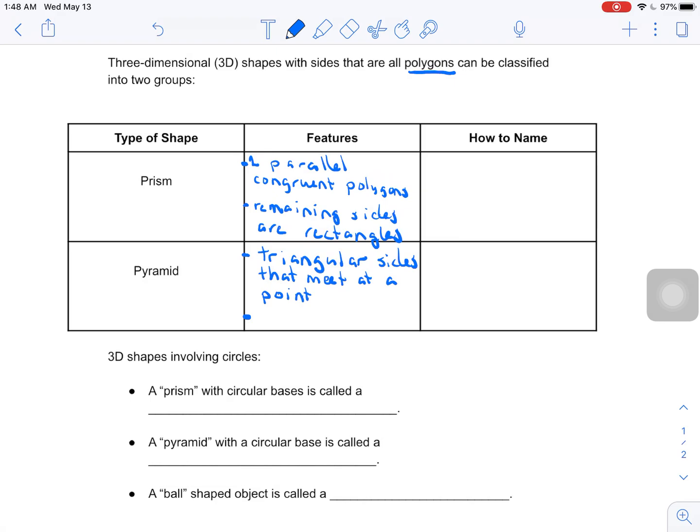So the base of all the triangles make up a polygon. So one polygon formed by the bases of triangles.